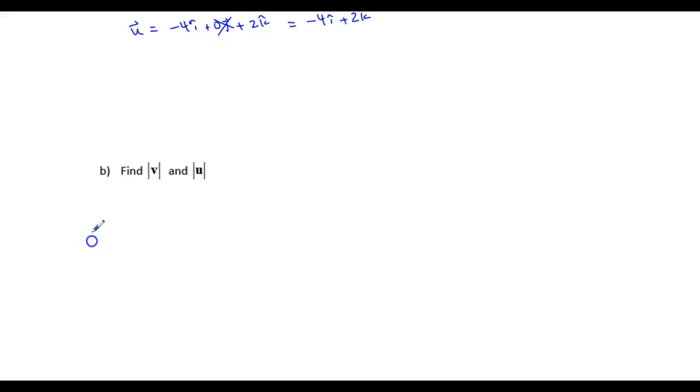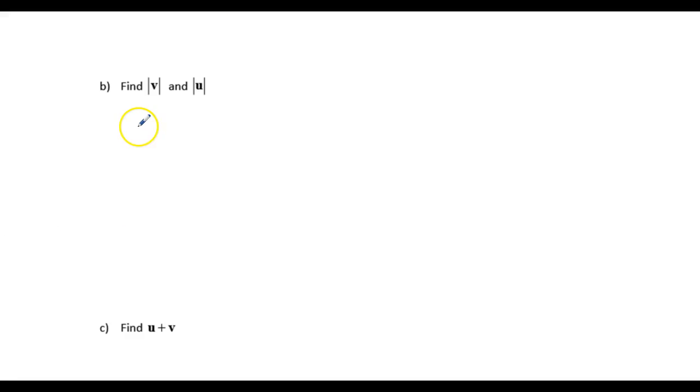So the length of v is going to be the square root of each of those components squared: 1 squared plus 2 squared plus 3 squared. So it's the components squared added together, and that's why it's like the 3D Pythagorean theorem. And we finish that off, we add that up, and we see it's root 14, which is not simplifiable.